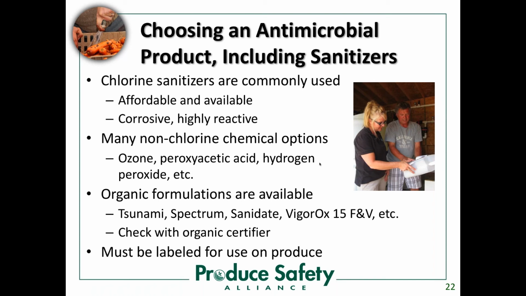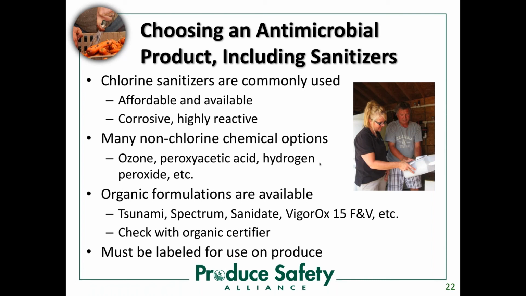Many people use ozone, peroxyacetic acid, hydrogen peroxide. There are all kinds of chemical options that you have separate and apart from chlorine. And many of those are quite reasonable and readily available. There are some organic formulations available.